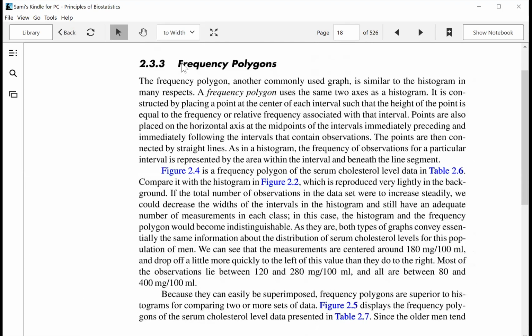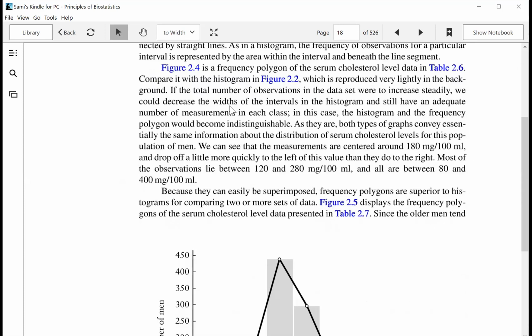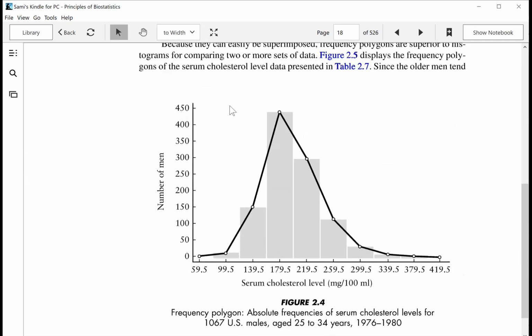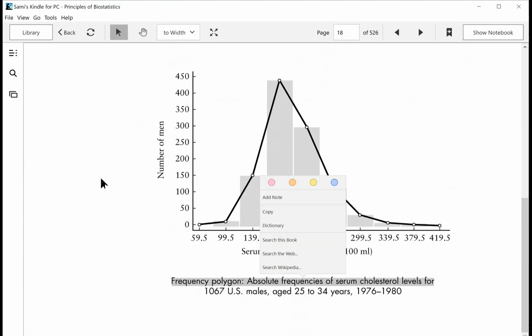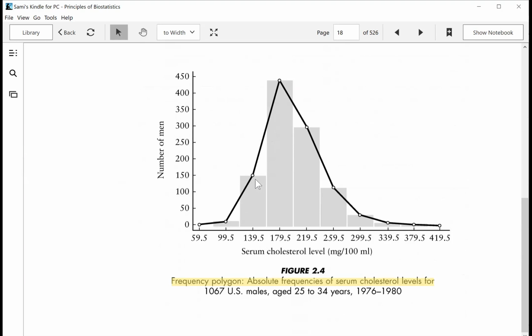And then you've got the frequency polygons. A frequency polygon shows the absolute frequency of serum cholesterol level for patients in specific years and a specific age group. It's like a histogram, but drawn as a polygon.